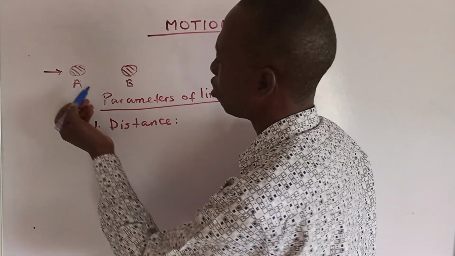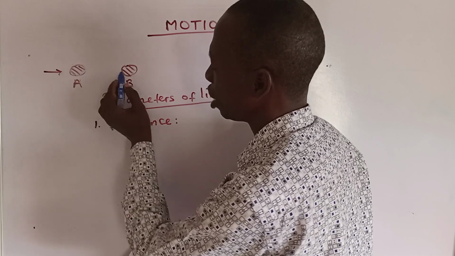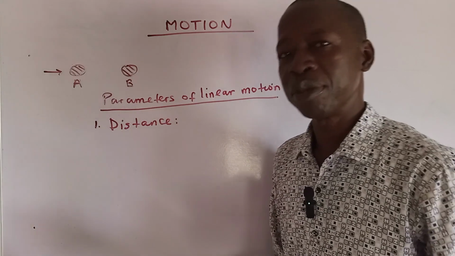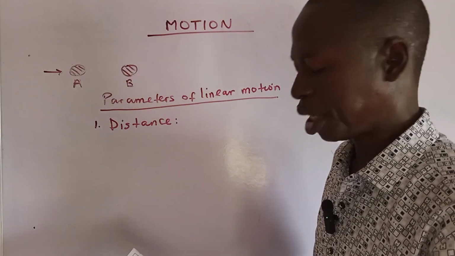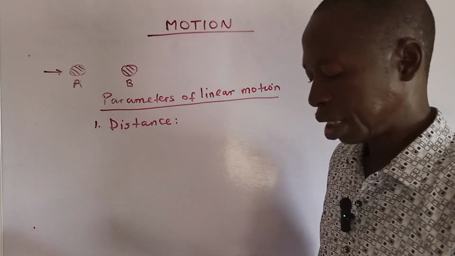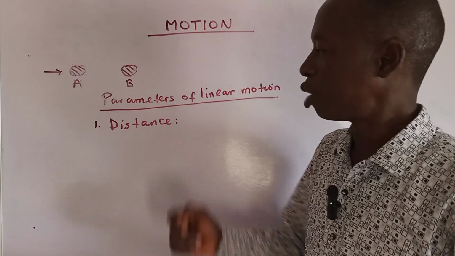But if we are now measuring the amount of space between A and B, then we talk about distance. So distance is simply the amount of space between two different positions or points.